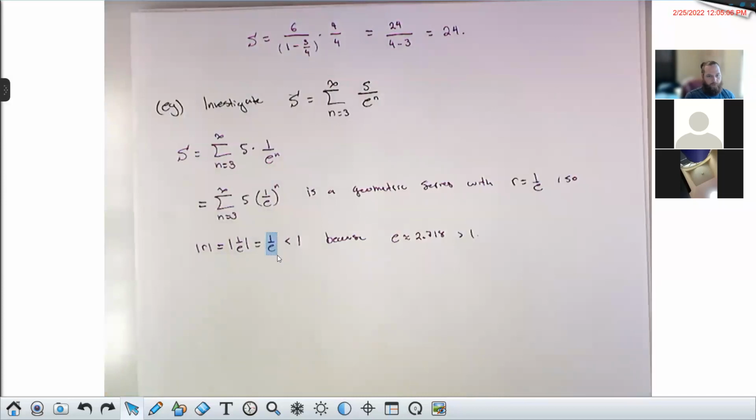So the reciprocal of a number is going to be smaller than 1 if and only if that number itself is bigger than 1. All right.